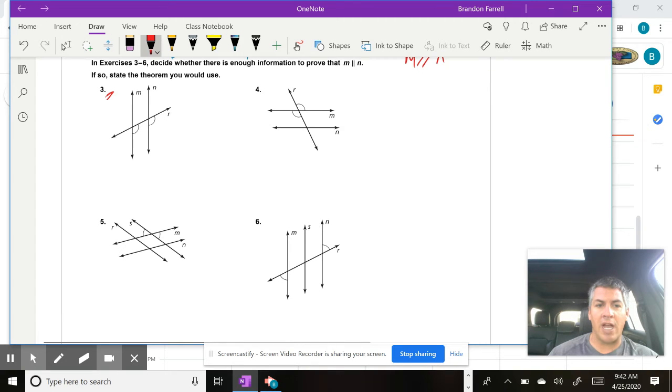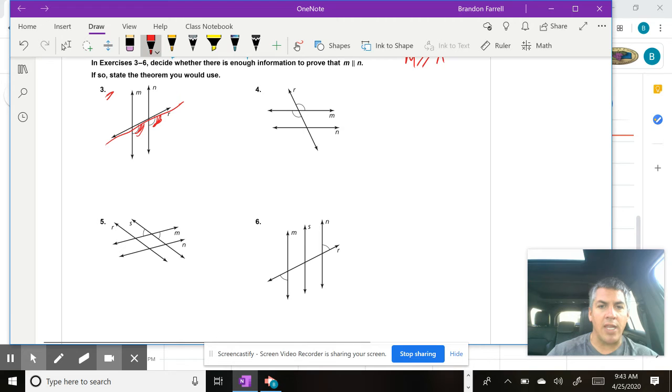So now we have R as the transversal. So here's my transversal. The 2 angles in question are the 2 angles identified here, right there, and right here. If you were to categorize those as congruent, because those are the congruent markings that we're going to be looking at, we would say that those are corresponding angles.